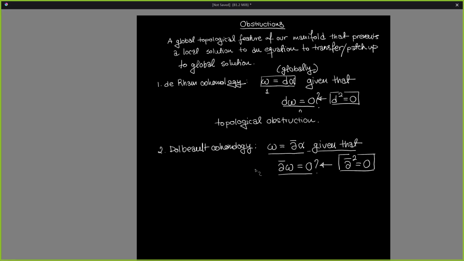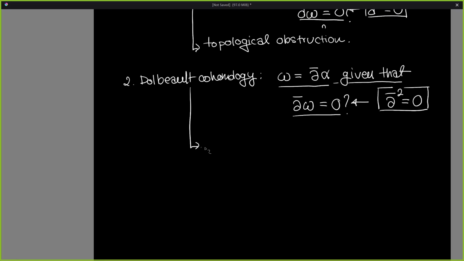And so this idea of obstruction is essentially this local to global elevation, that what it's obstructing is the process of raising it to the global level. That's what it means to be an obstruction. Here it's a topological obstruction. Here it's going to be a complex analytic obstruction.